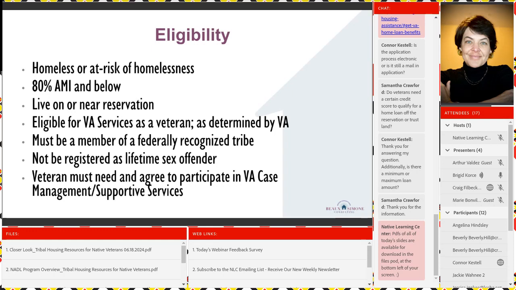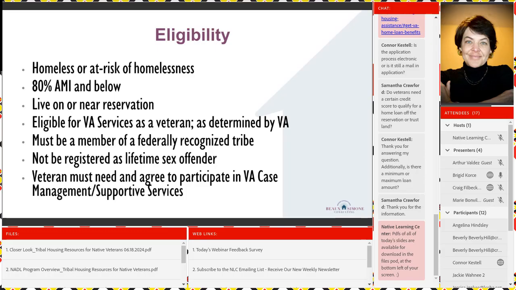So they limit it to tribal members, whereas another tribe that might have a lower population of veterans, that maybe have a lot of veterans who are enrolled in other tribes in their community, may choose to serve all enrolled tribal members.